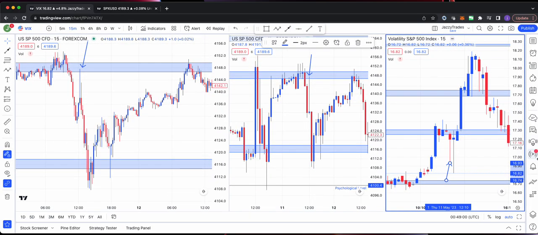So what do you guys think Wix is here, bearish or bullish, on May 11th at 12:10? These two candles. Wix is bearish or bullish? I know it's a hard one. Even I'm confused.